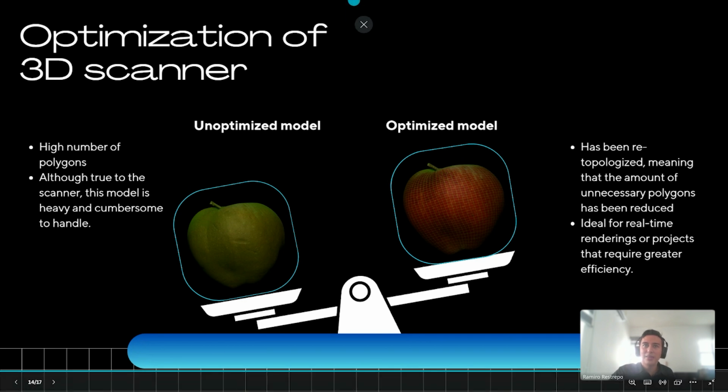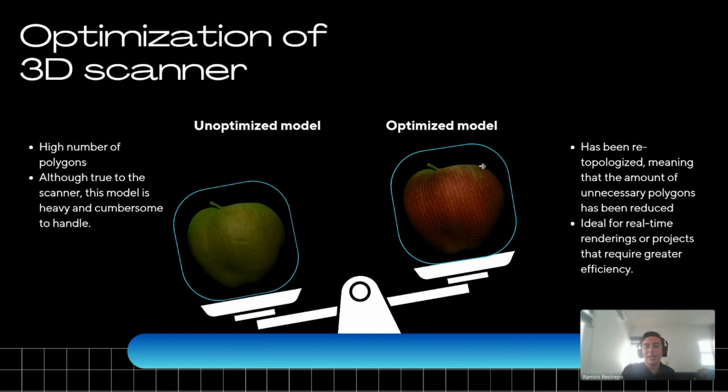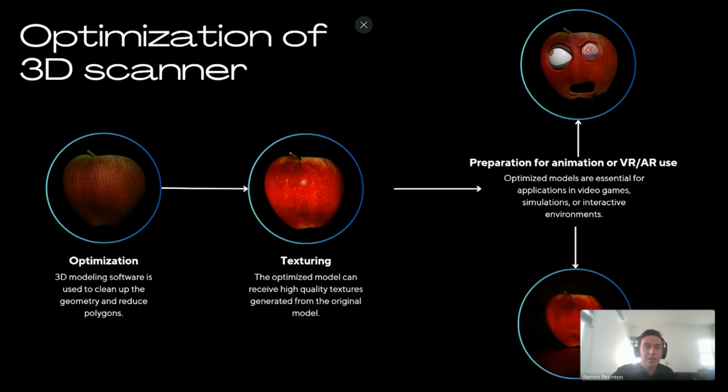On the other hand, an optimized model reduces unnecessary polygons and is ideal for real-time rendering and applications that require higher efficiency. We can use it in video games, augmented reality, and virtual reality applications. In addition, the retopology is also important for texturing.